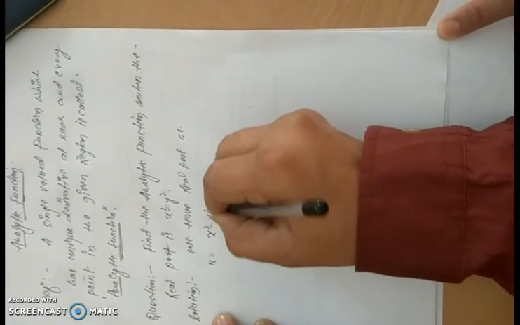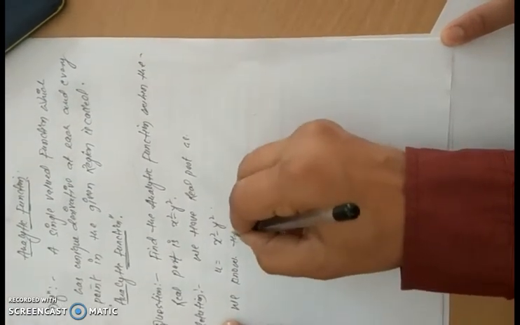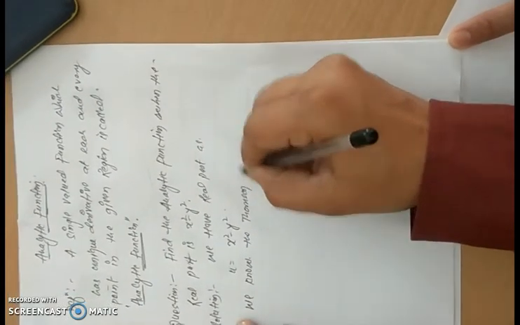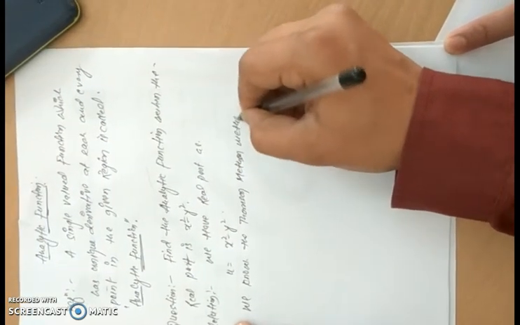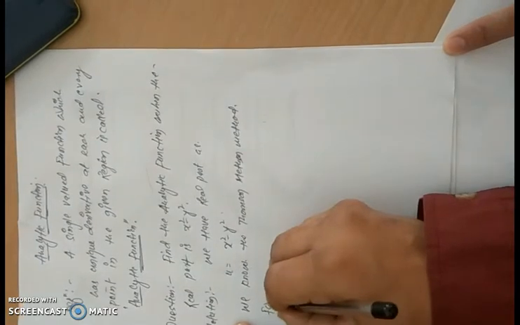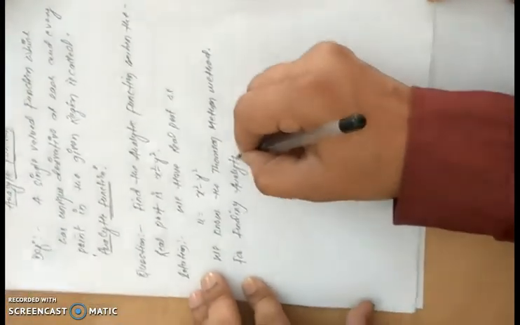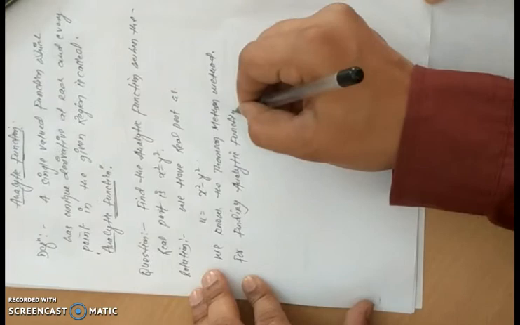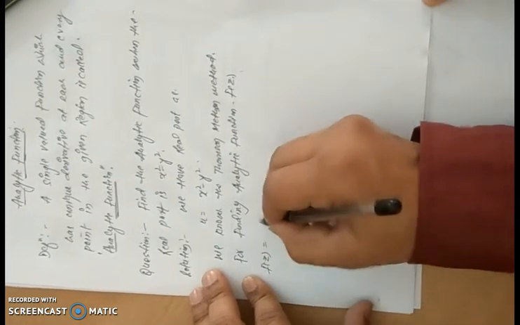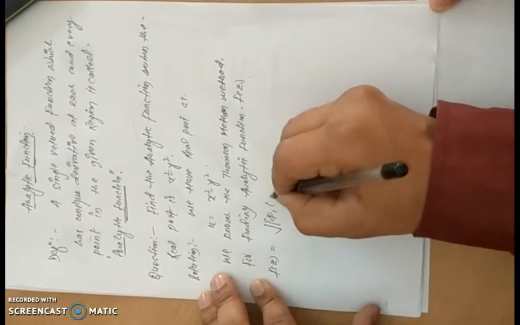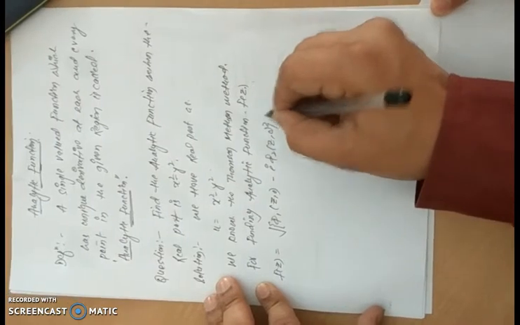Now we have the real part u is equal to x square minus y square, and we know the Milne-Thomson method, or you can say Milne-Thomson formula, for finding the analytic function: f of z is equal to integral of phi 1 z comma 0 minus iota phi 2 z comma 0 dz.